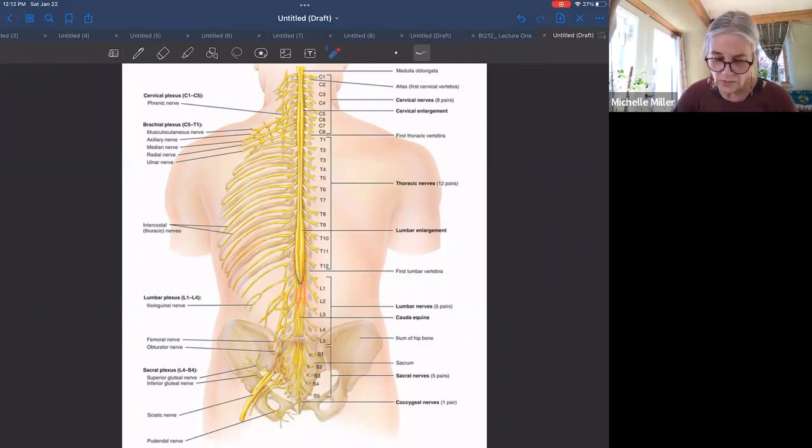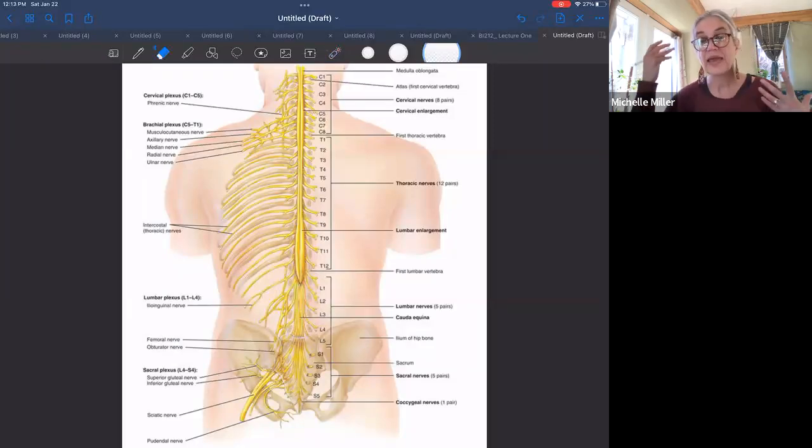One thing that's really interesting from a health perspective is that it's much worse to damage your spine higher up than down low. Let's say you had a herniated disc in C3 and C4.